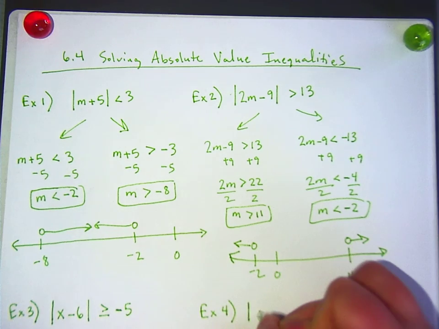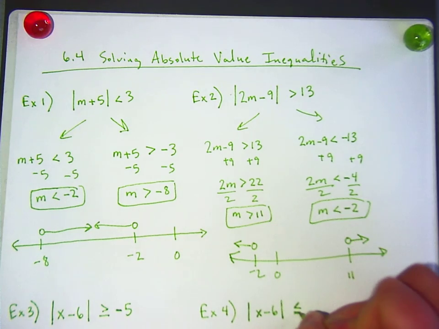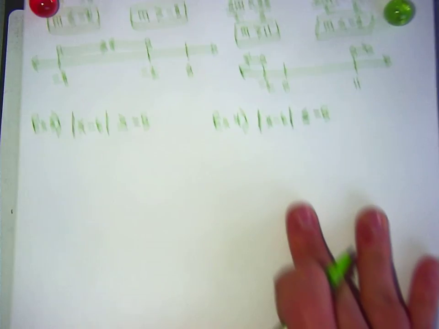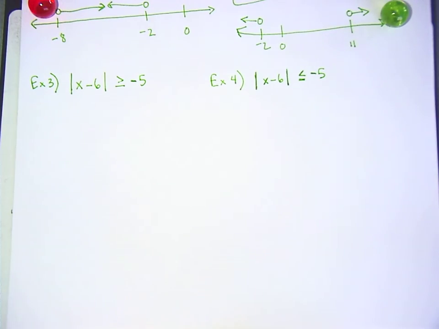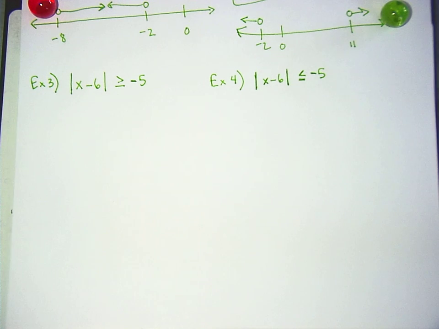And the absolute value of x minus 6 is less than or equal to -5. 2 different problems. We'll do example 3 and 4. We're gonna have 2 prizes out. And this won't be between you and your partner, this will just be personally. We're not gonna do the math here, so don't start doing math. Just write down these problems and wait.